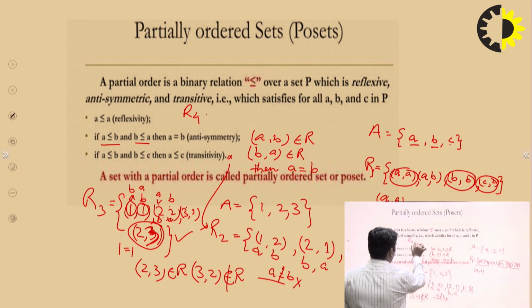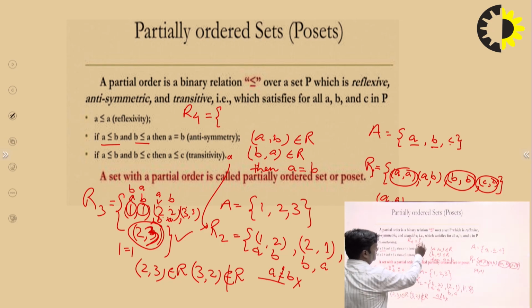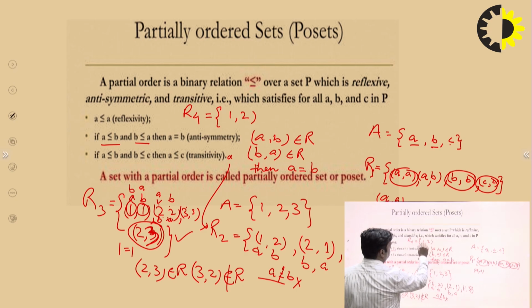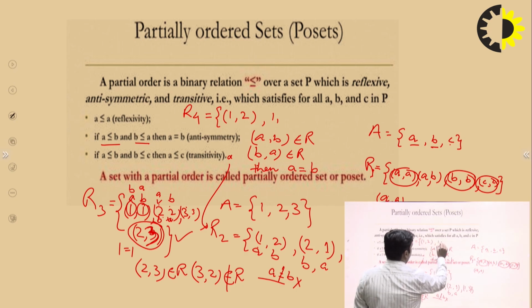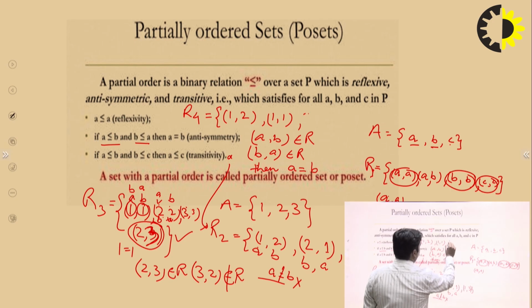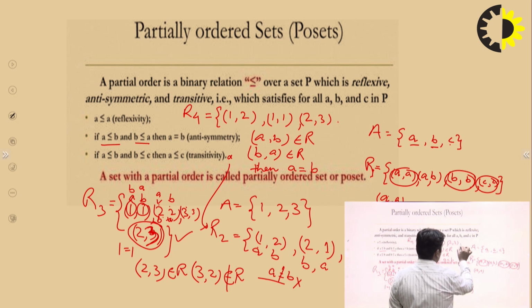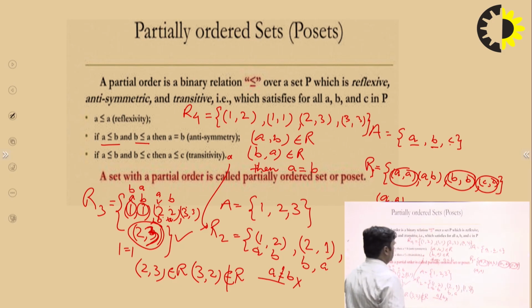We take another relation: (1, 2), (1, 1), (2, 3), (3, 3). Here we check the transitive relation.